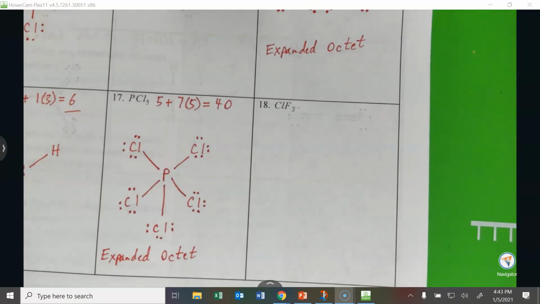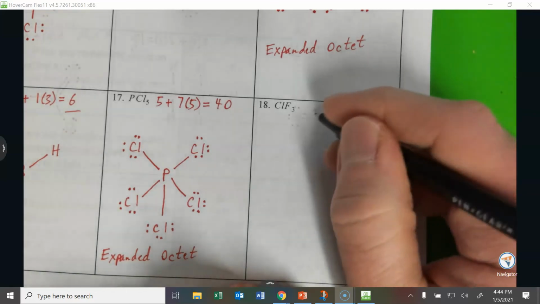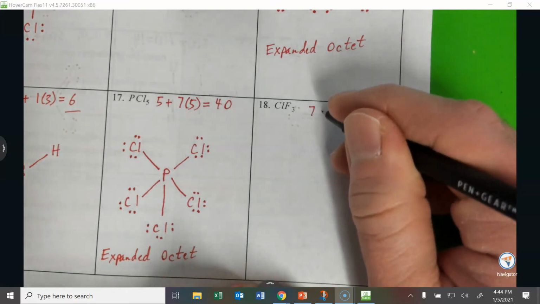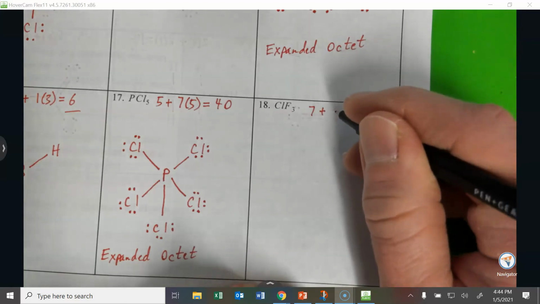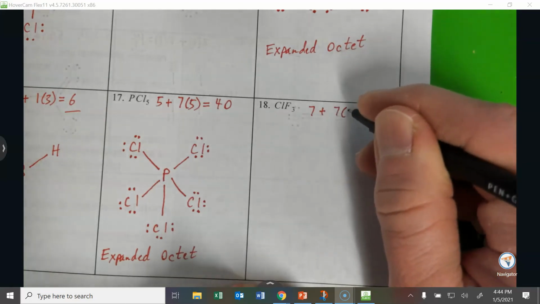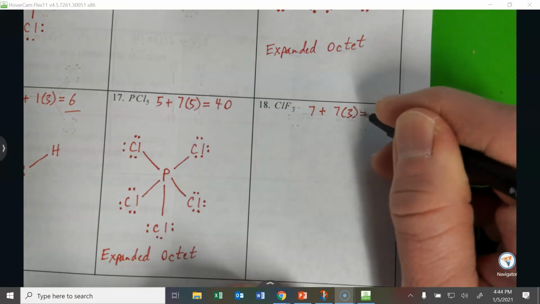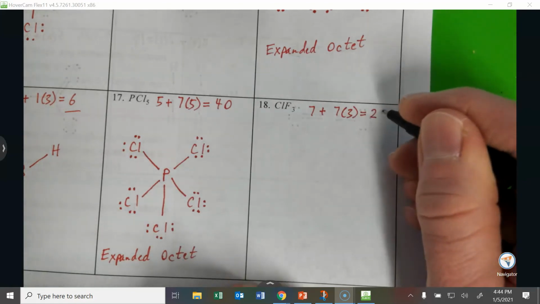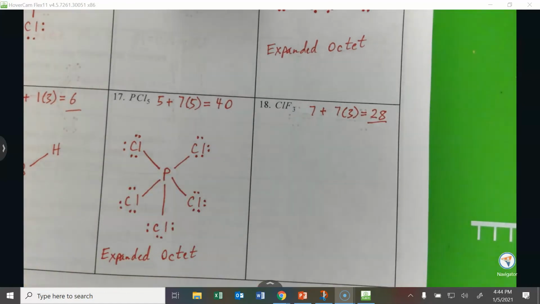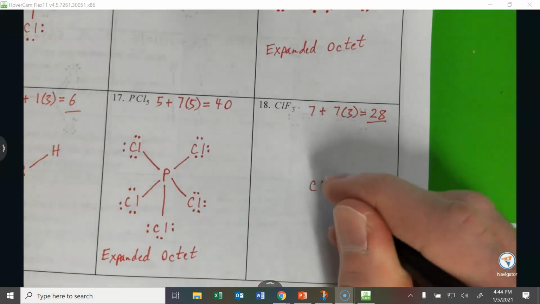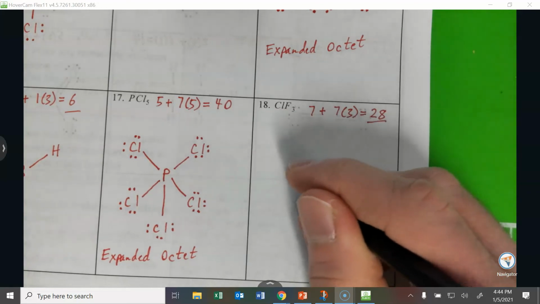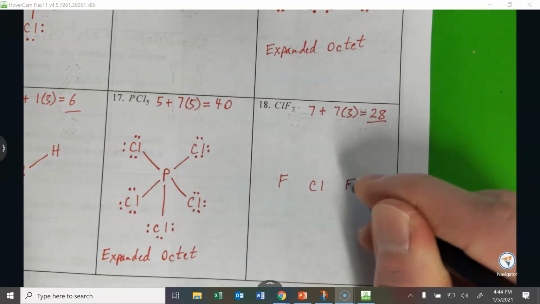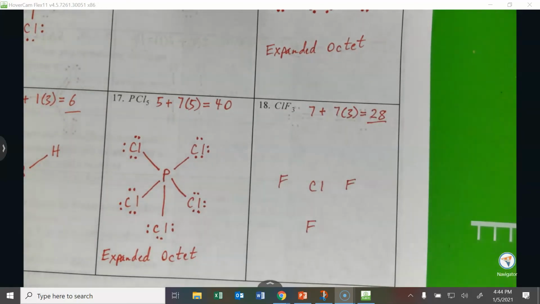Now we get to ClF3. Chlorine has 7 valence electrons. Fluorine has 7 valence electrons, but there are 3 of them. So that's 21 plus 7 is 28. Chlorine goes in the middle. I have 3 fluorines. 28 valence electrons.